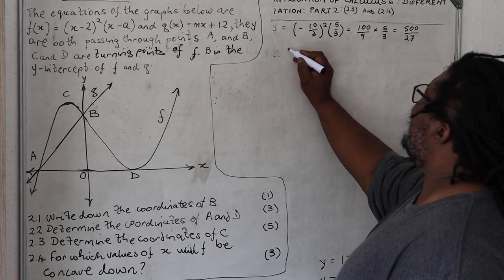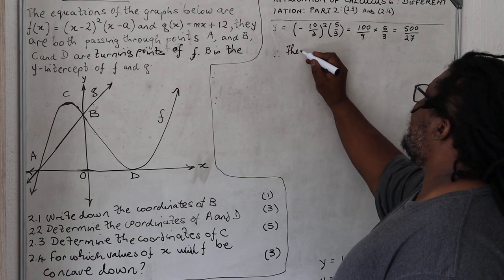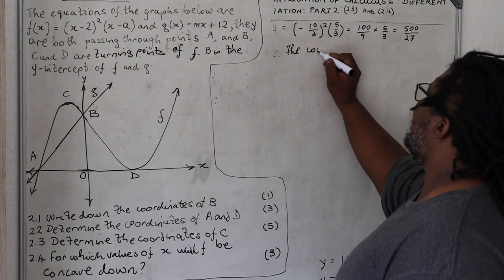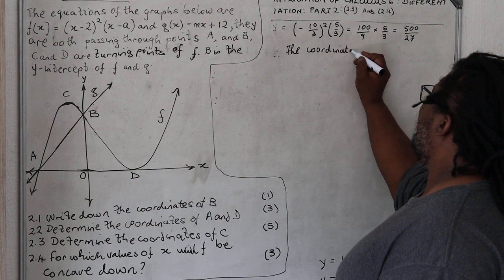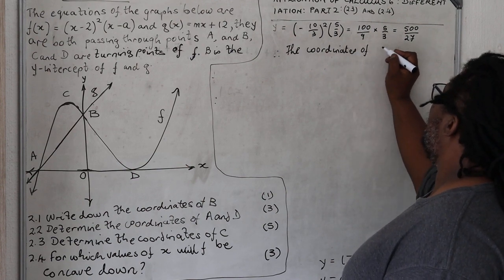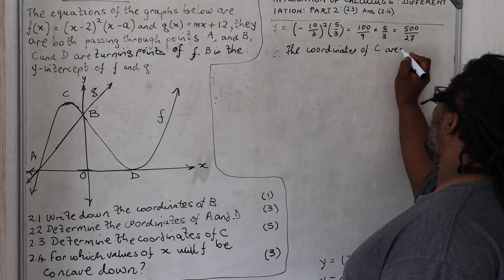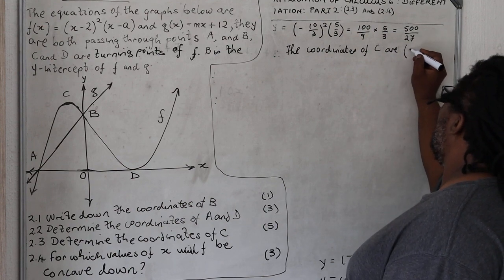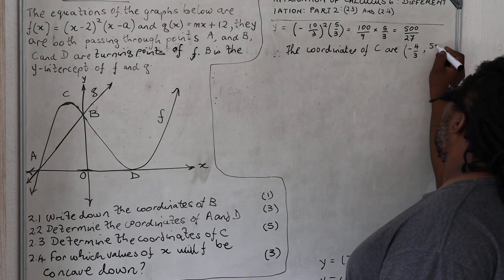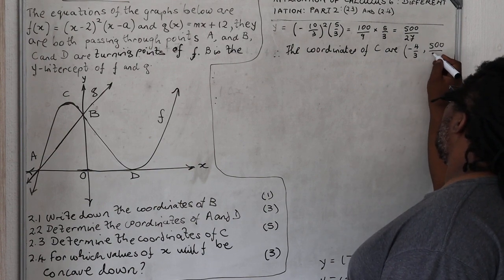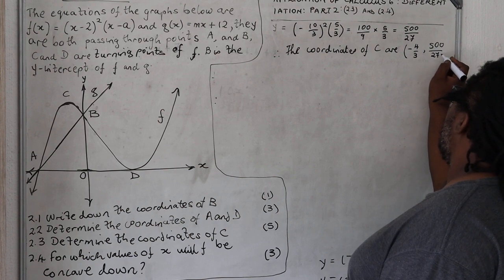So therefore, the coordinates of C are minus 4 over 3 and 500 over 27.